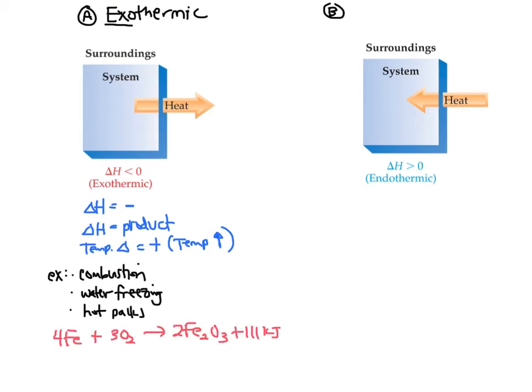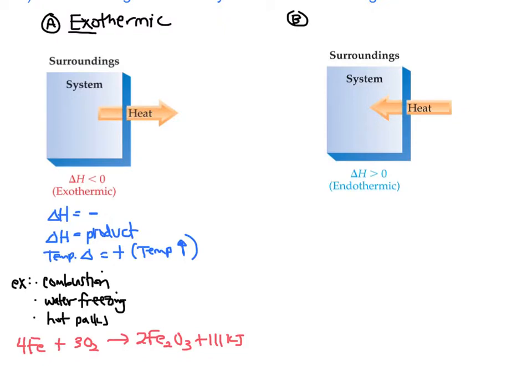An example of the equation for what's going on in those hot packs: they contain powdered iron, and when you crunch the package, it releases the iron, so it's exposed to oxygen, and it produces iron oxide and 111 kilojoules of energy that you can then use to warm your hand.